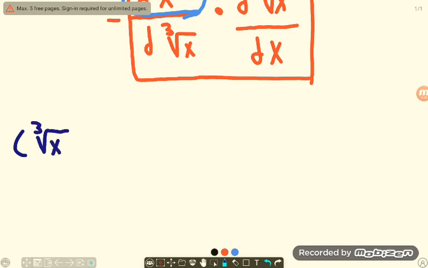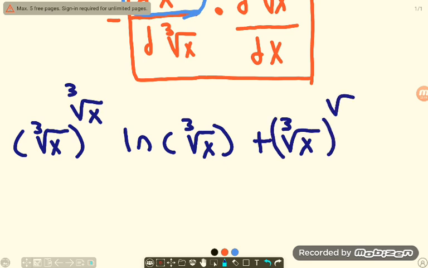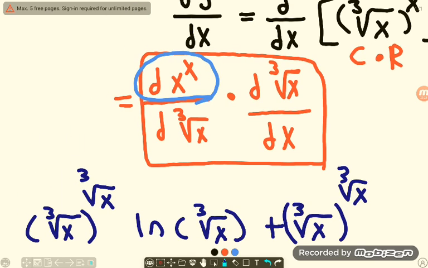So that would be the cubic root of x raised to the power of the cubic root of x, multiplied by the natural log of the cubic root of x, plus the cubic root of x raised to the power of the cubic root of x. That's just this part, the derivative of the outer function with respect to the inner one.